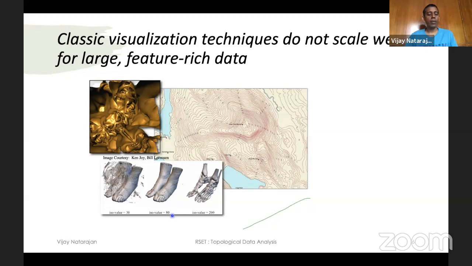Here you have a scalar value of 80, and for that you get a nice skin surface, which is extracted as what's called the level set. For slightly higher values, let's say 200, these are the set of points in the volume which have a scalar value of 200, and you can see that that corresponds to the bones, right?